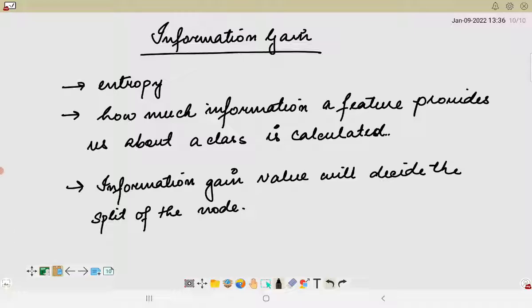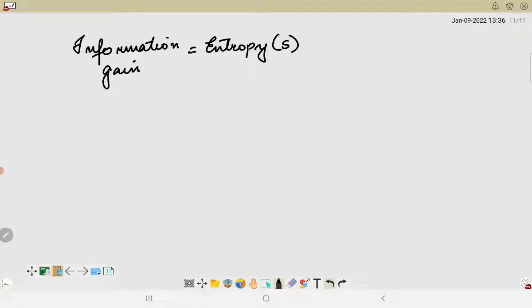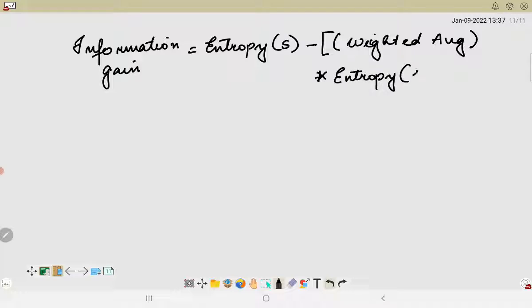However, for us to remember as of now, we will have to look into a particular equation, which is basically: information gain is equal to entropy of S, that means S is the entire data set, minus the weighted average of the data set into the entropy of each of the feature.